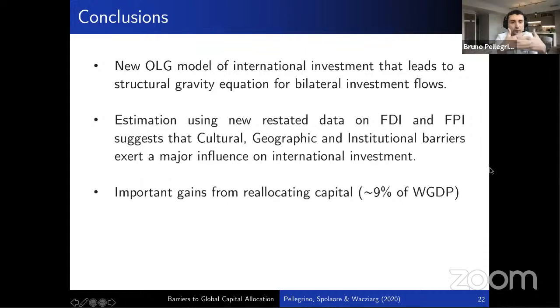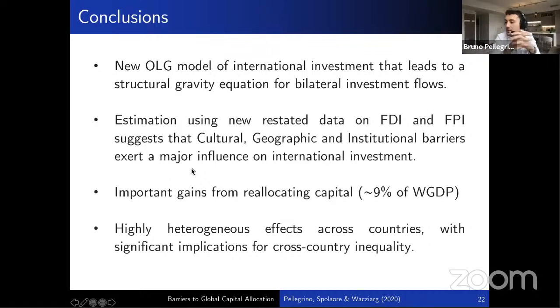We find that by removing the capital misallocation resulting from these barriers, there are substantial gains in world GDP, about 9 percentage points. And finally, we find a highly heterogeneous effect across countries with significant implication for cross-country inequality.